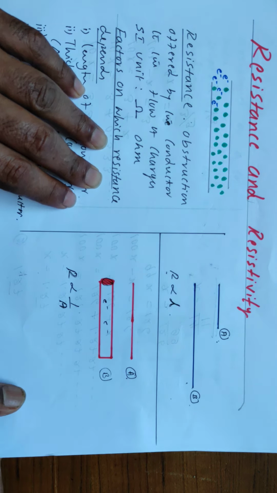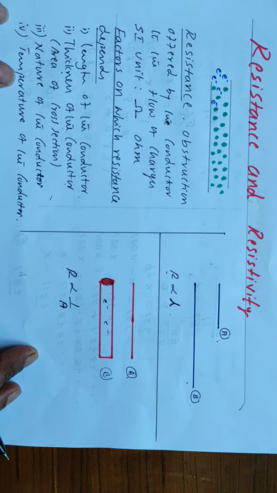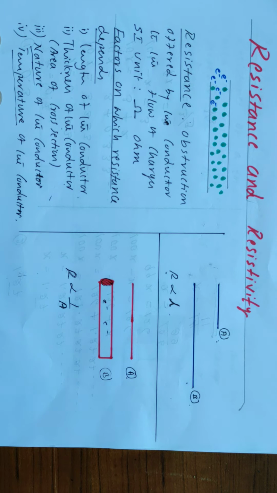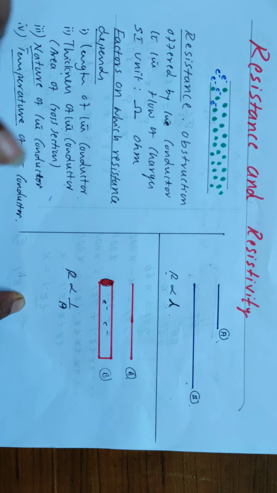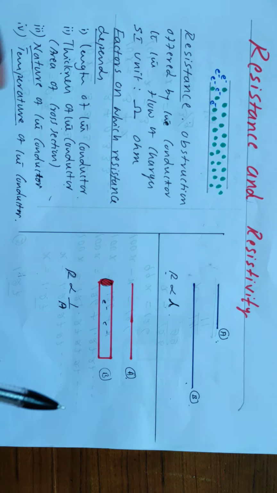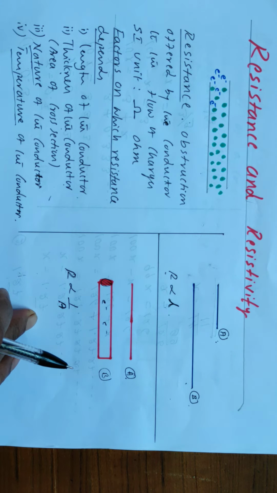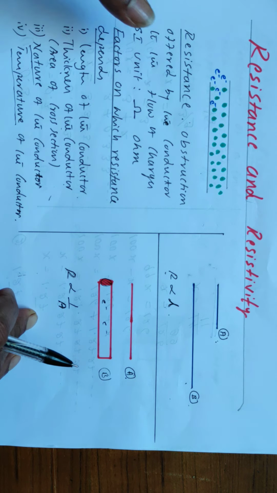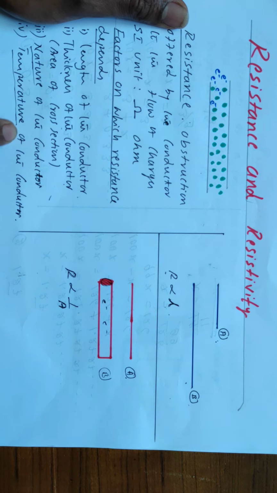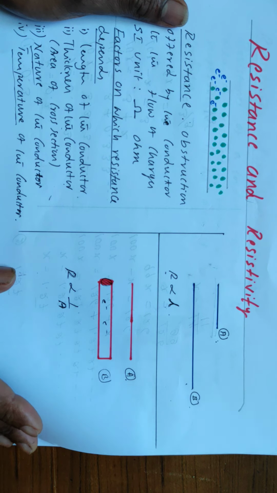The other two factors on which the resistance of a conductor depends are nature of the conductor and temperature. The resistance depends on nature, means material is made of atoms. The arrangement of atoms is different in different materials. So the degree of obstruction varies from material to material, and it depends on the temperature also.